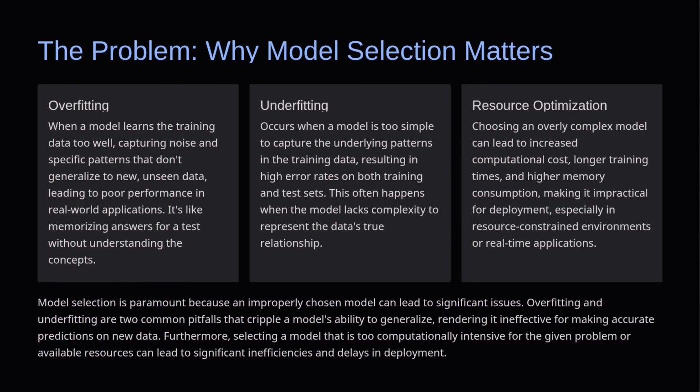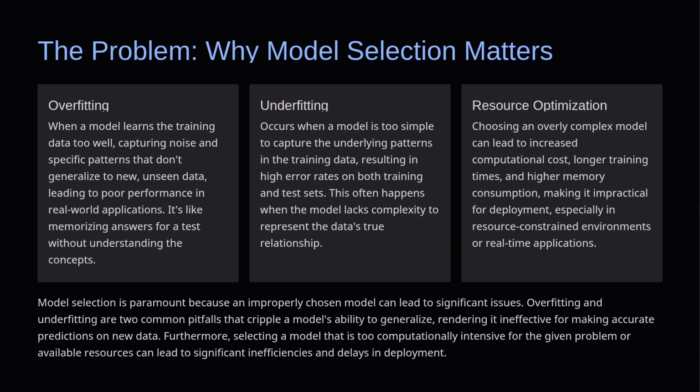That's why model selection matters. One of the biggest risks we face is overfitting, when a model memorizes noise in training data and fails in real scenarios. It's like a student who crams for an exam but forgets everything later. On the other hand, underfitting is when our model is too simple and doesn't capture the data's pattern.